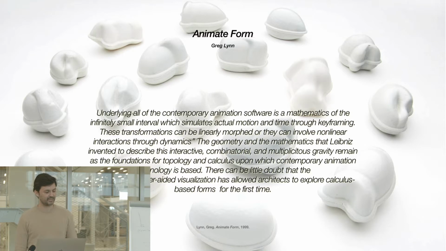And in his 1999 book, Animate Form, he invited architects to abandon this safety of static Cartesian organizations and embrace this dynamism of these models by inviting these ideas of force and motion into the environment. And this force and motion was actually inspired by these softwares which were used for 3D animation.